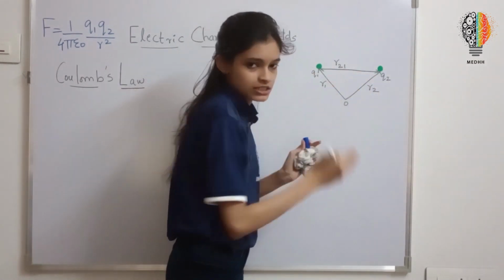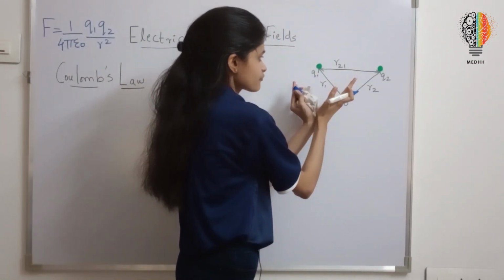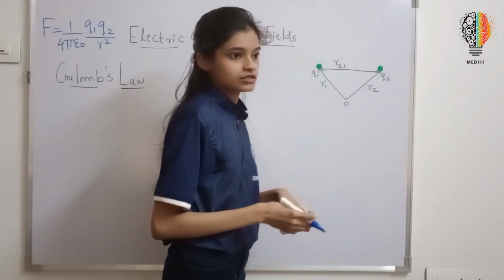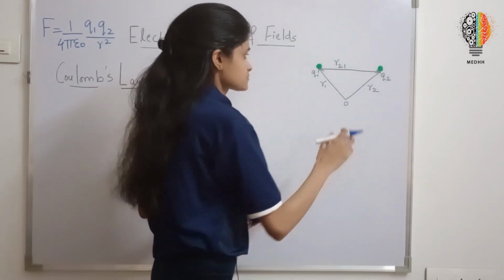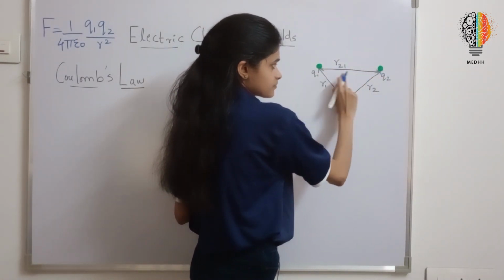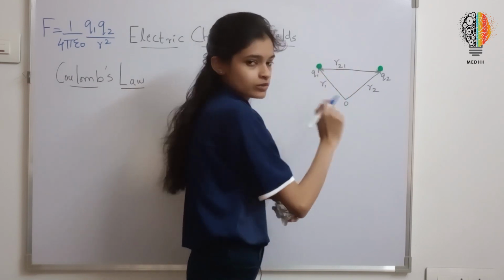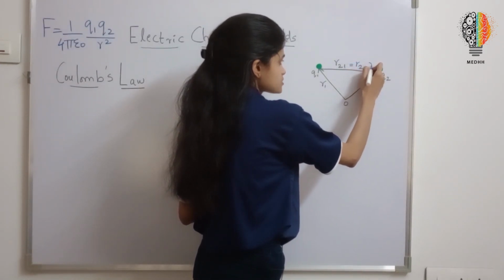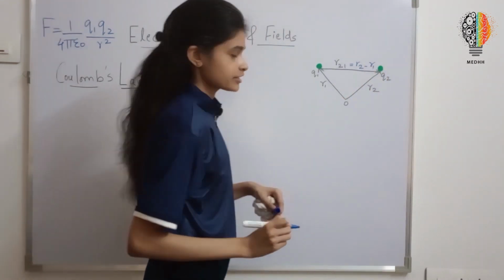Since both are vector quantities, both these vectors are going away from each other. So that means we need to subtract these vectors. So the vector will be in this direction, that is r21. So r21 can be written as r2 minus r1, right?